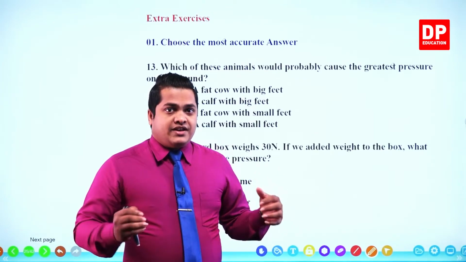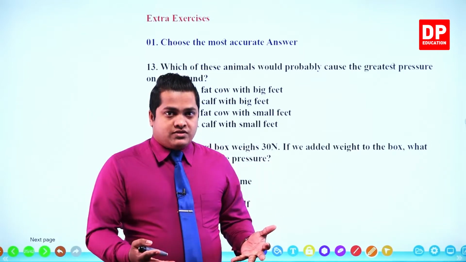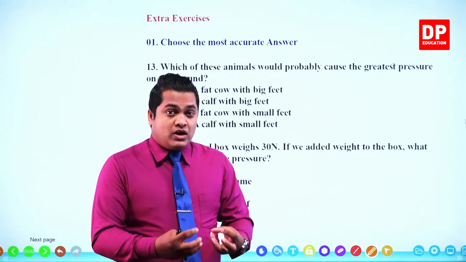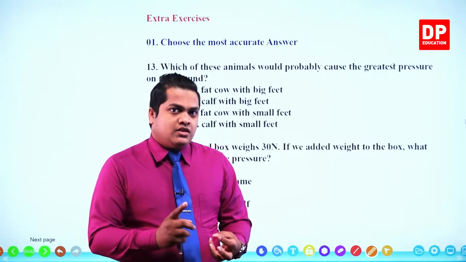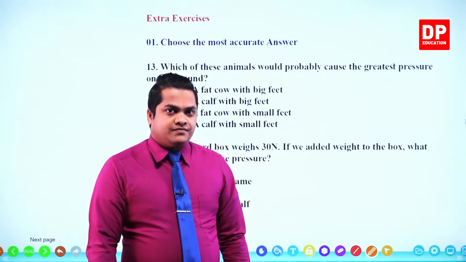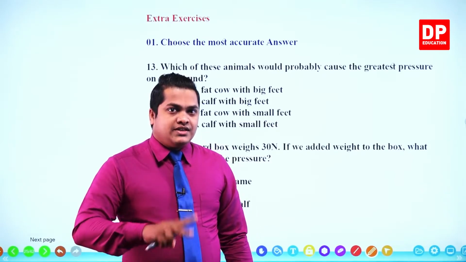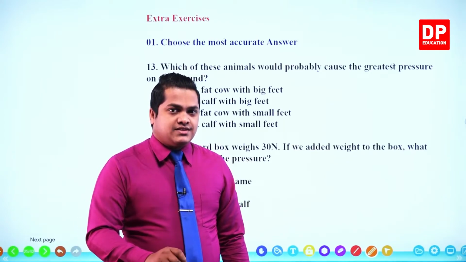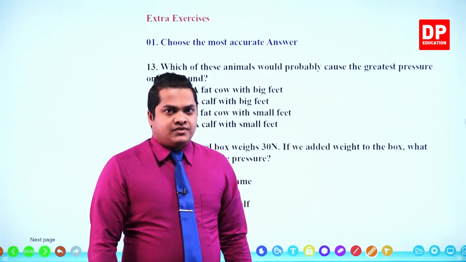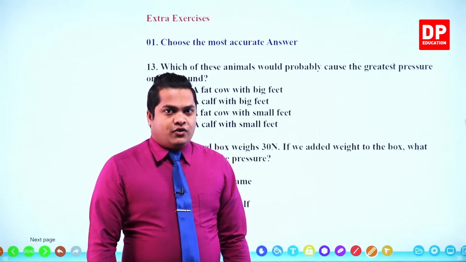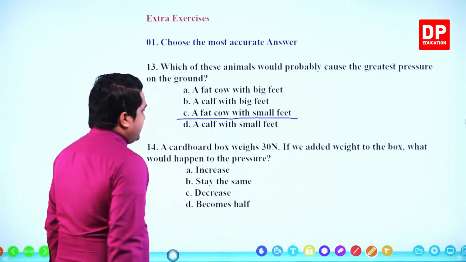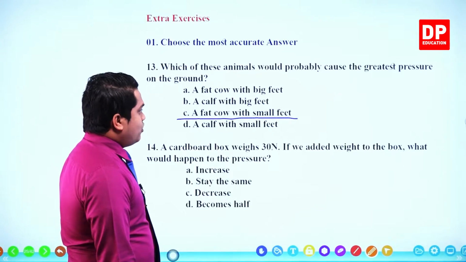So greater the weight, greater the perpendicular force; smaller the feet, then my dear children, greater the pressure. So both the cases are favorable to increase the pressure. Among these four, the greatest pressure is given out by fat cow with small feet.